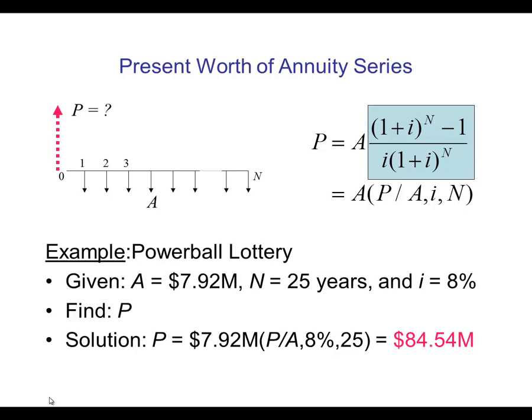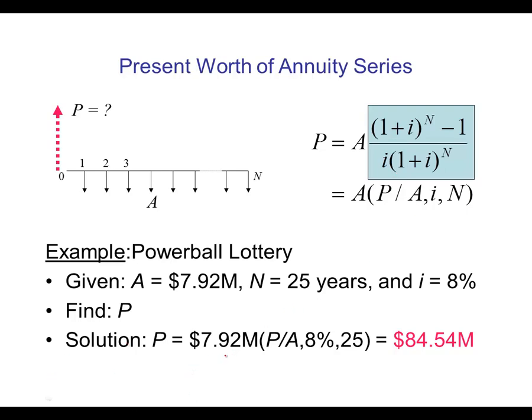For example, if we have a Powerball lottery, and instead of giving you a lump sum for that amount, they would like to give you an annuity of 7.92 million over 25 years with an interest rate of 8%. What would be the principal value at the beginning if this value was given to you?